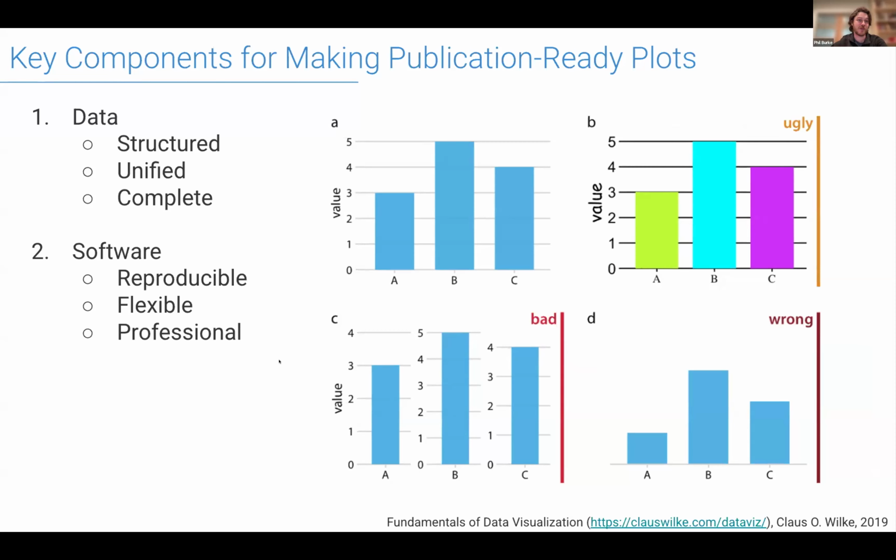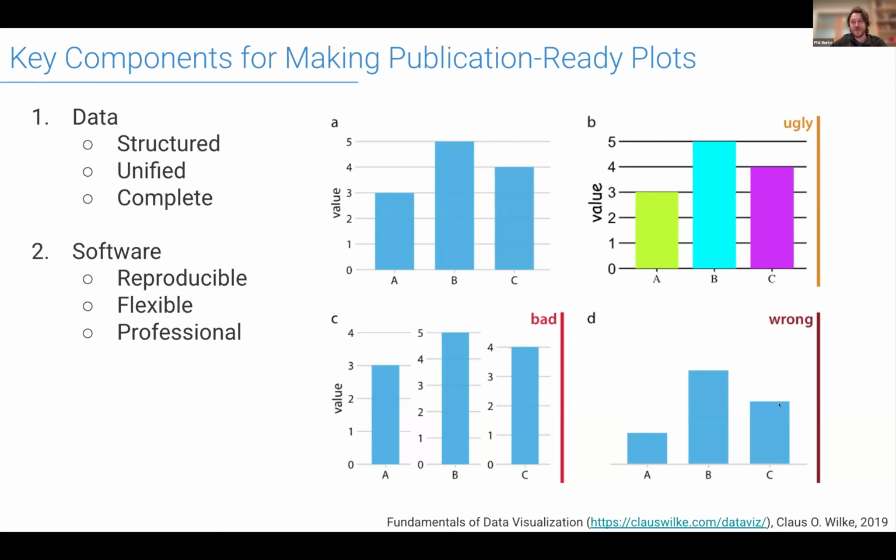And then I also think it's important to adopt a professional visual style. So if you have an aesthetic style that is particularly good, there's actually genuine value in adopting a cohesive visual style that can help you emphasize the important aspects of your data. So here I've got some example plots from a book called The Fundamentals of Data Visualization, where the author highlights the difference between a perfectly fine plot versus a plot that's distracting or ugly, versus one that's bad, visually confusing, does not give the right message.